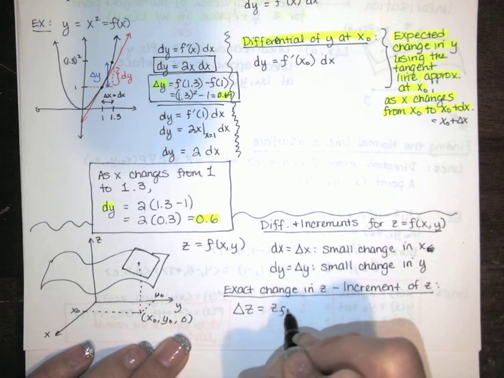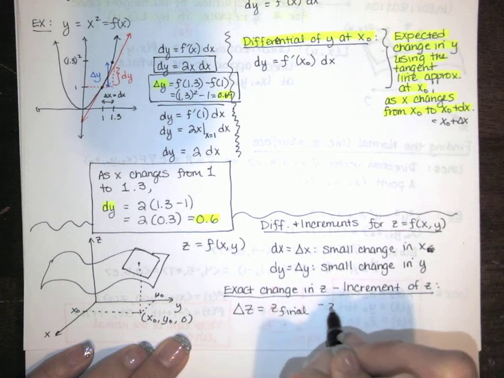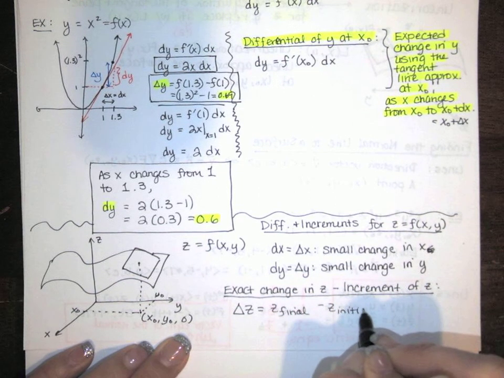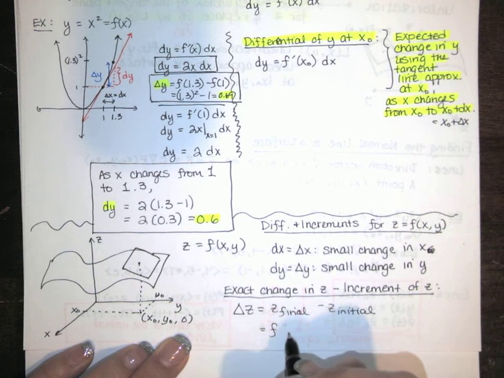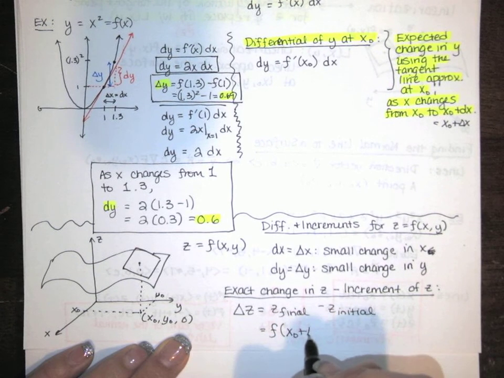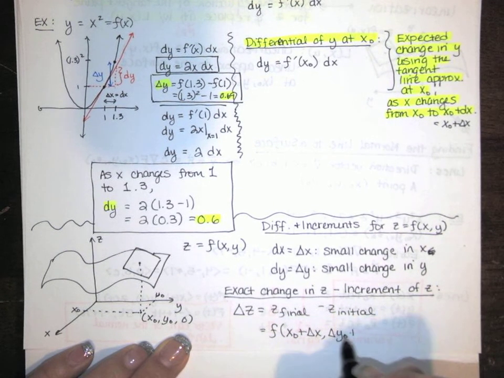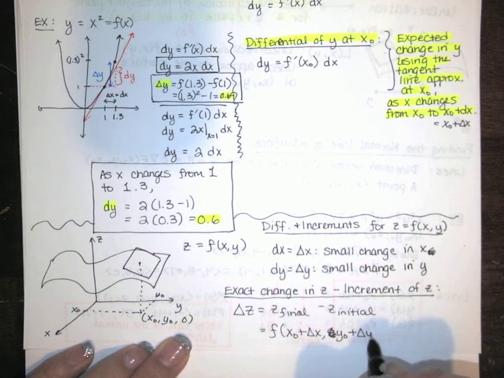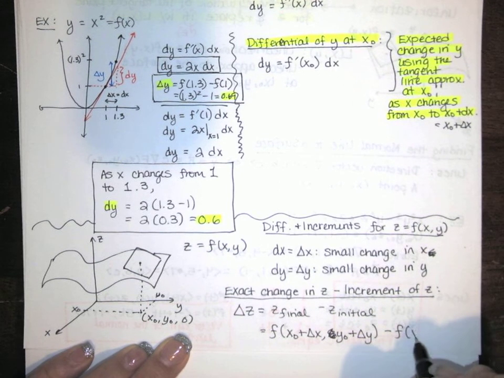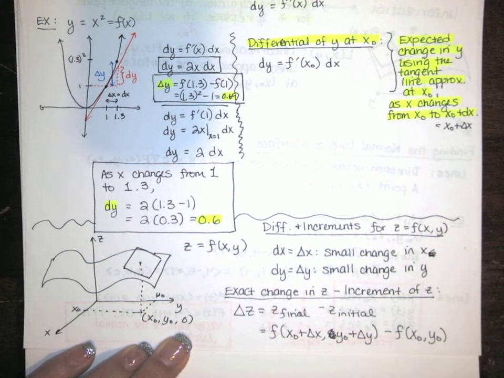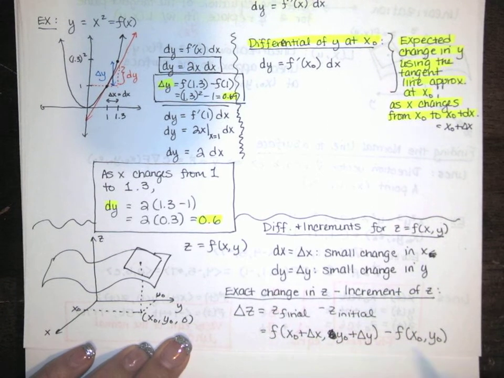So we're just going to do z final minus z initial. So that's f evaluated at the new point, minus f evaluated at the original point. Okay, that's our delta z.